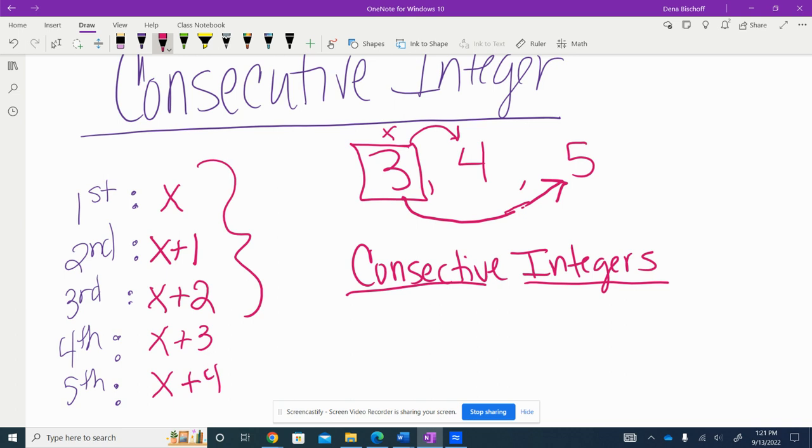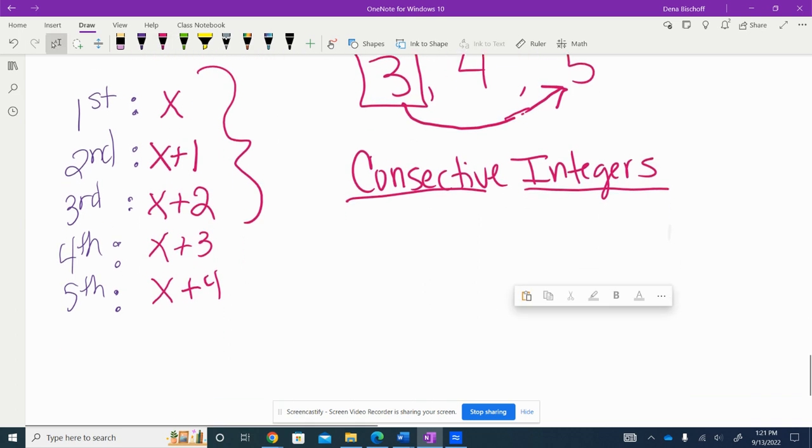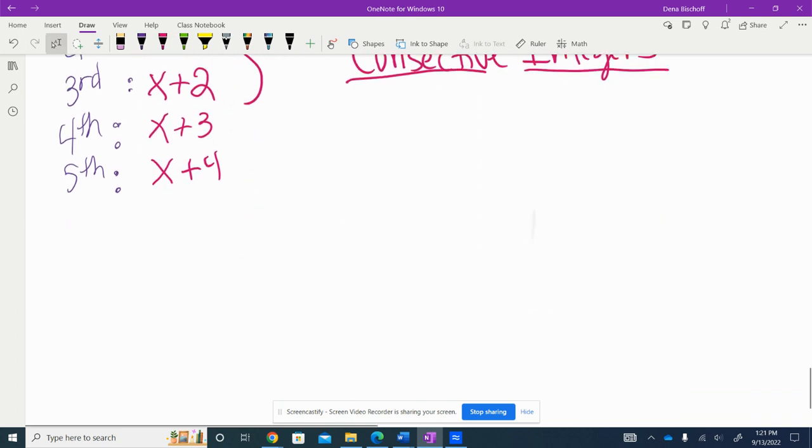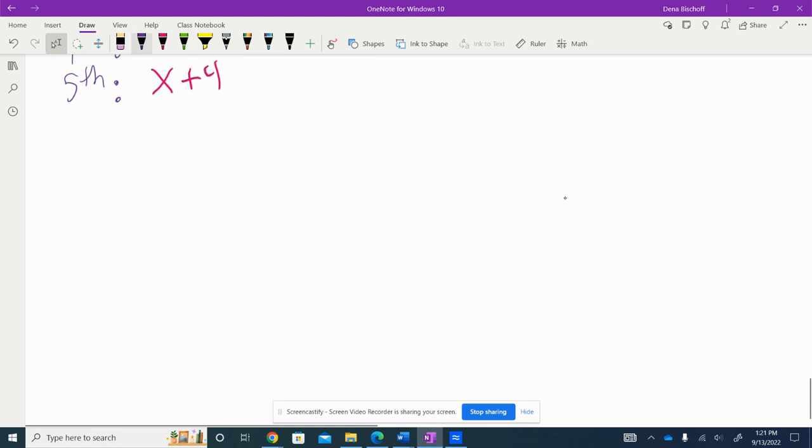Are we understanding that? Give me a nod. All right, so those are consecutive integers, but there's more to it than just consecutive integers.